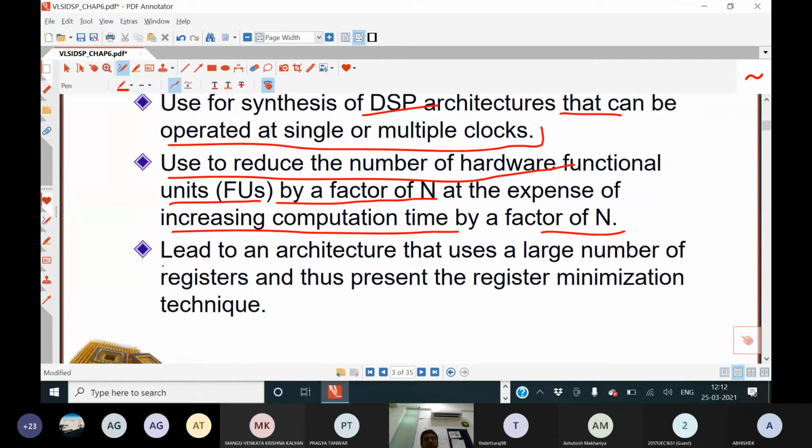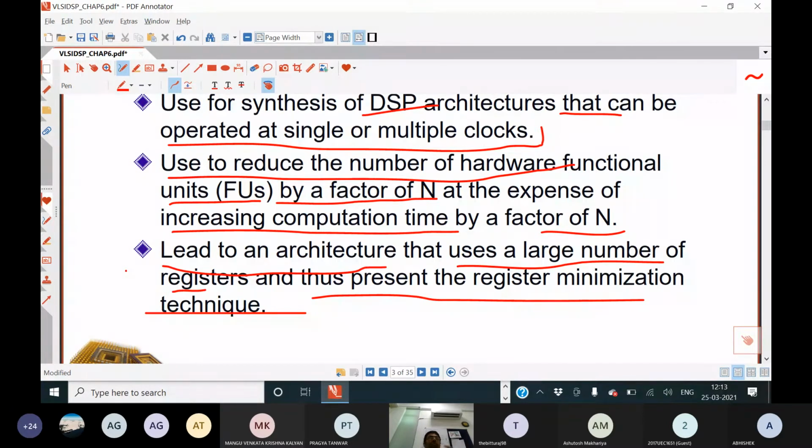So ultimately folding will lead to an architecture that uses a large number of registers, thus the register minimization technique. We will see that if we want to reduce the area, then of course we also need to think about how we can minimize registers.